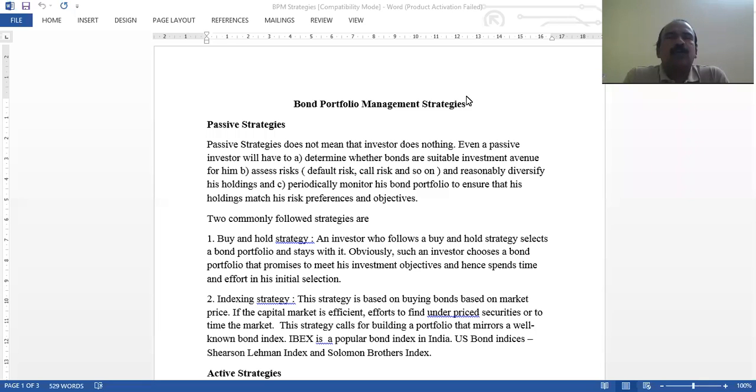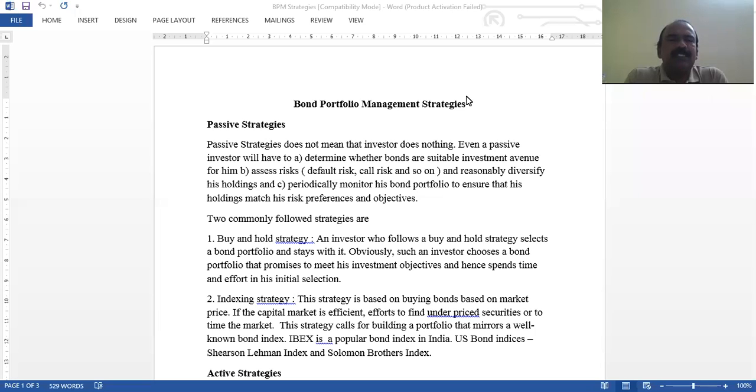And then we have seen how the duration changes in relation to yield, maturity, and coupon rate. We have seen how maturity and duration are directly related: the higher the maturity period, the higher the duration, and coupon rate and yield are inversely related. All those concepts we have seen, and we've looked at the case study.